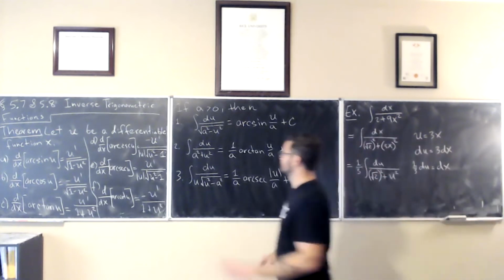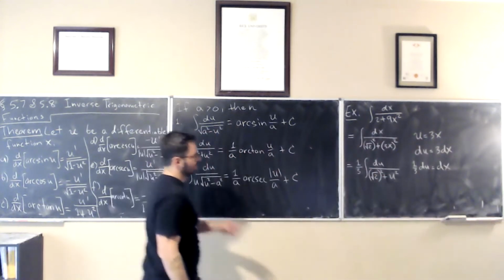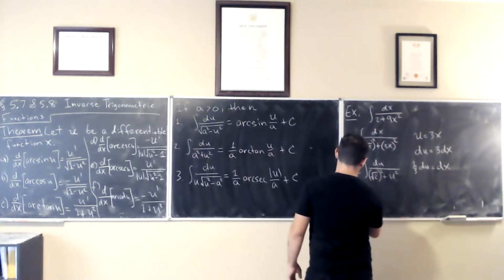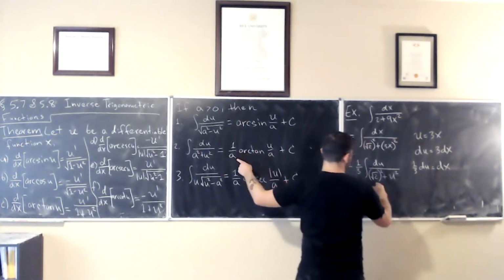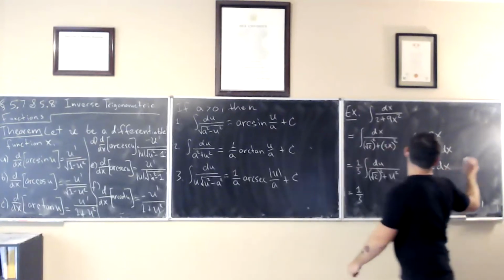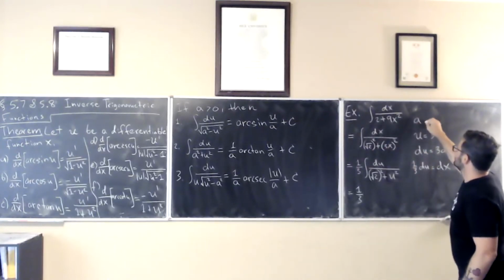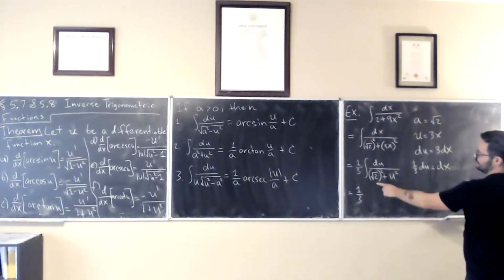Now it matches perfectly with that, and I can write it out as 1/3 times 1/a. Maybe I'll just write that. a is equal to √2, right?